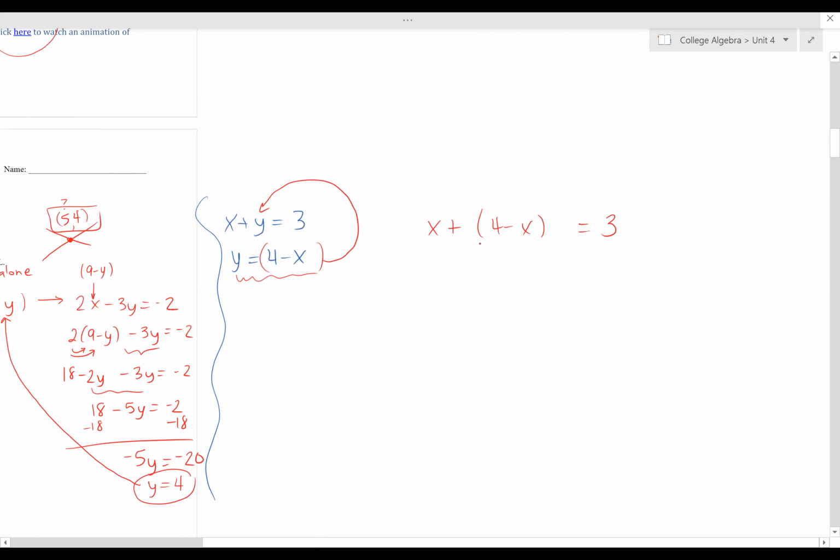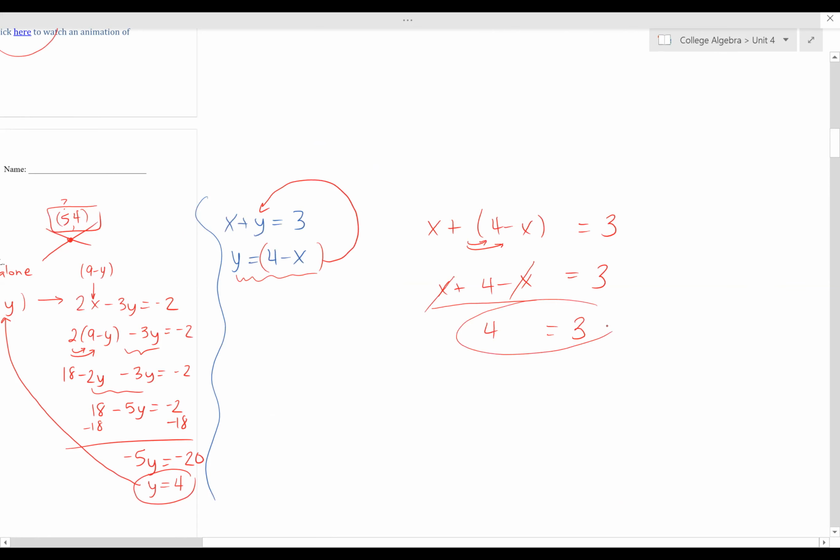Since there isn't a number in front of that parentheses, I'm just distributing a 1. I can remove that. So I have x plus 4 minus x equals 3. And then I'm going to total up my like terms, and you'll notice that the x's, x minus x, cancels. And so you're left with a positive 4 equals a 3.